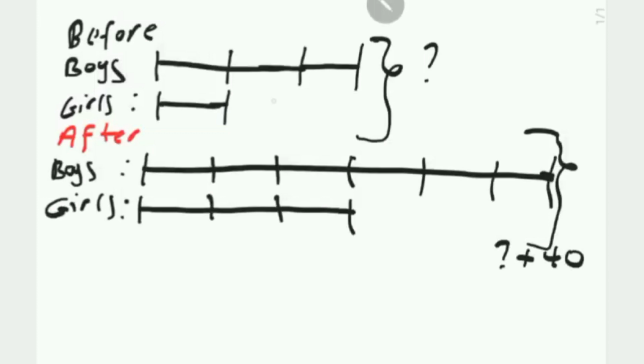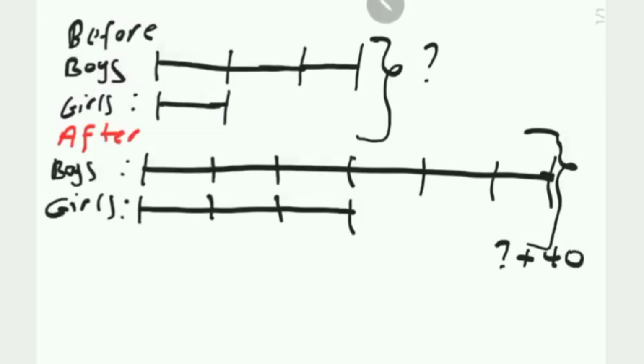Let's take a look at the before condition. The number of boys were 3. The ratio of the number of boys to girls was 3:1. After 40 joined, we had twice as many boys as before, and 3 times as many girls as before. We don't know the total number of boys and girls in the before condition, that was the question mark, but remember, 4 units made up that total.